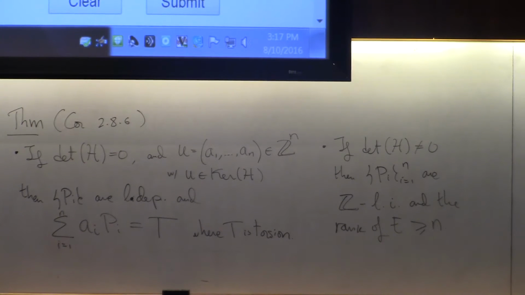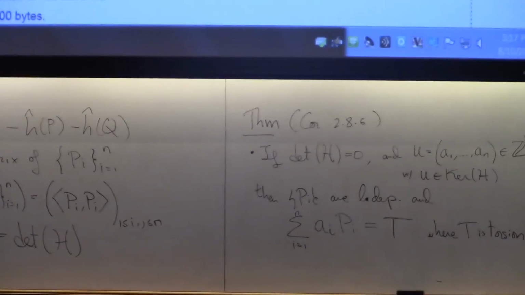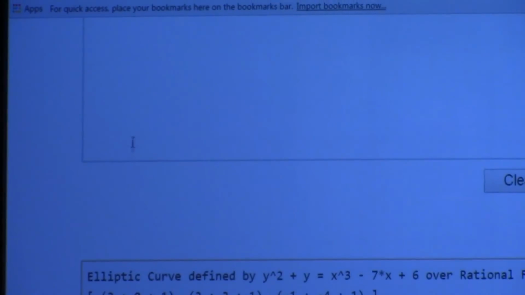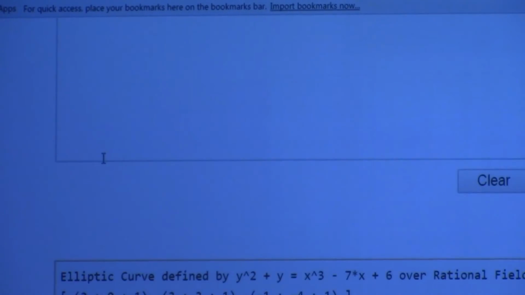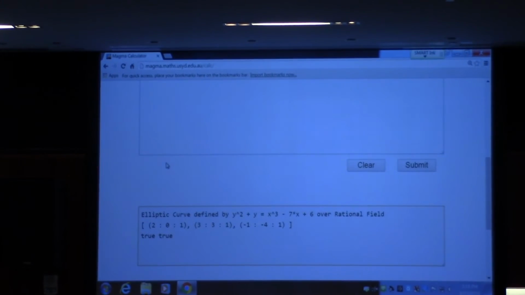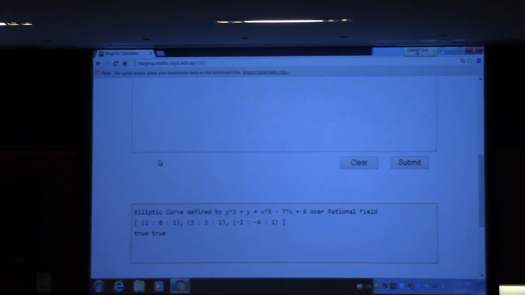Okay? So let me see how this works in practice. So here is the elliptic curve 5077a1. I already compiled that. It showed me the curve. I asked for E so I can see the curve. I asked for the generators of E. You don't have to do this bizarre 0 thing that Sage makes you do.